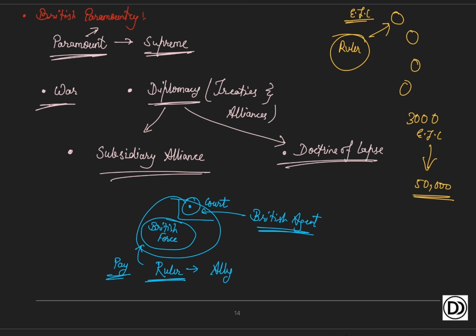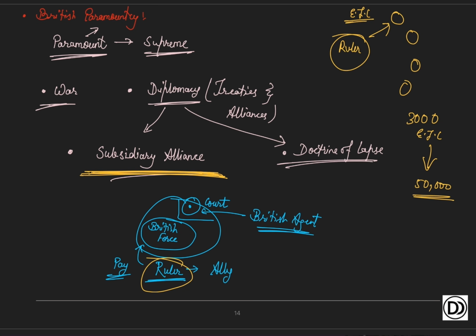And in return for this offer, the East India Company used to ask the ruler to sign this agreement or this treaty of subsidiary alliance.